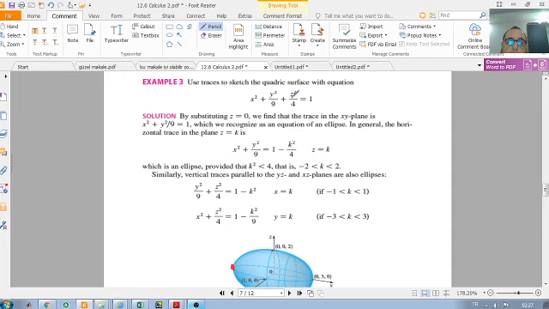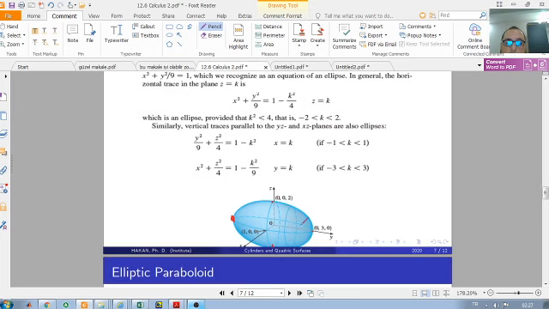If you write 0 for z, you will obtain an equation of the ellipse in the xy plane: x squared plus y squared over 9 is equal to 1, which is an ellipse in the xy plane, you see.